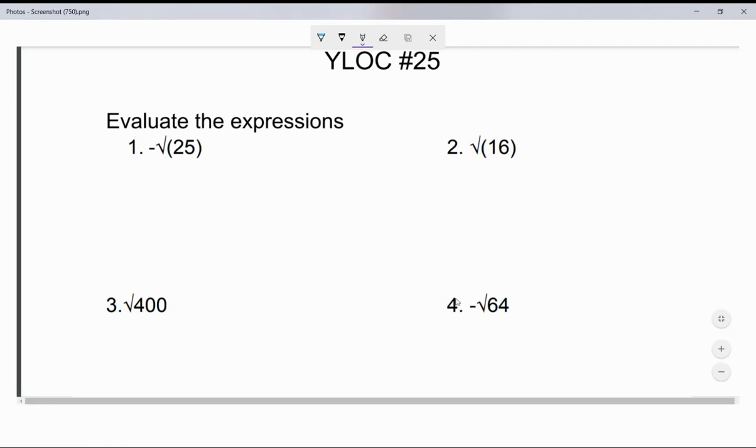Okay, hello guys, this is lesson number 25, and we are going to start off with evaluating the expressions. If you recall doing this a long time back, if there's ever a negative sign here, you have to flip this.